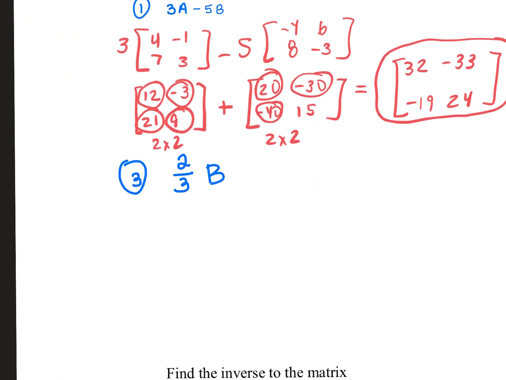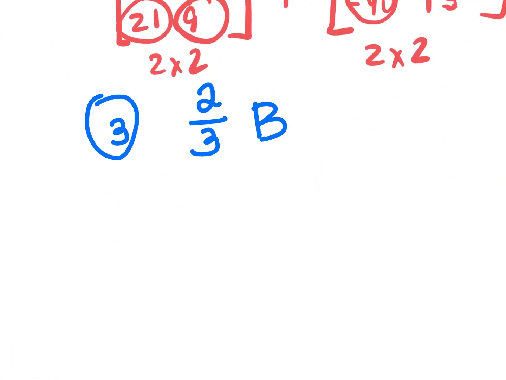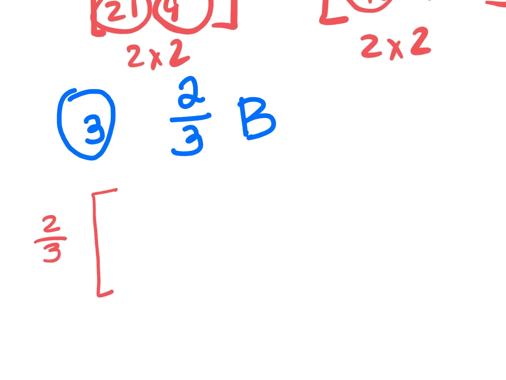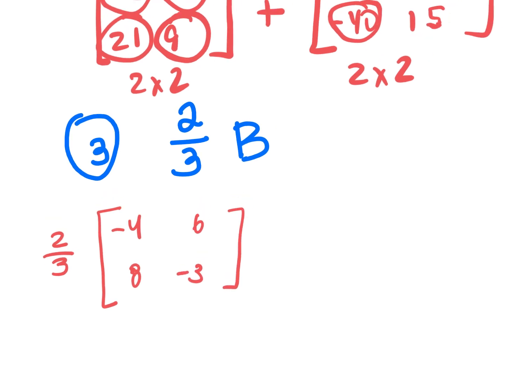Now we're going to come down here to number 3, and it says 2/3 times B. All that's asking you to do is take 2/3 and distribute it into the B matrix. So -4, 8, 6, -3. If I distribute, 2 times -4 is going to give me -8 over 3, which does not simplify, so we'll just leave it.